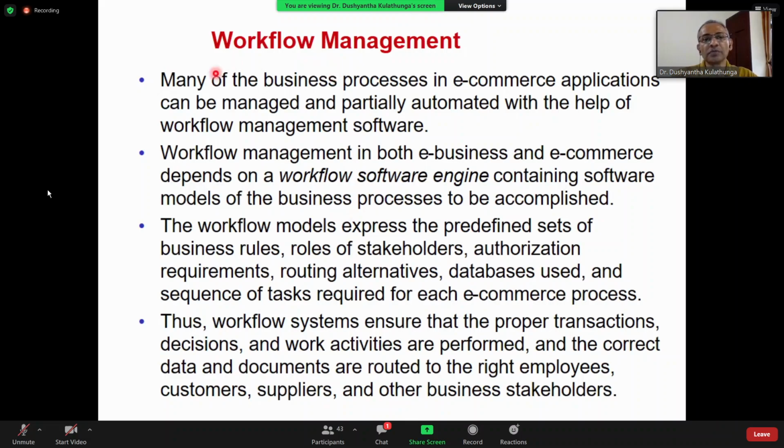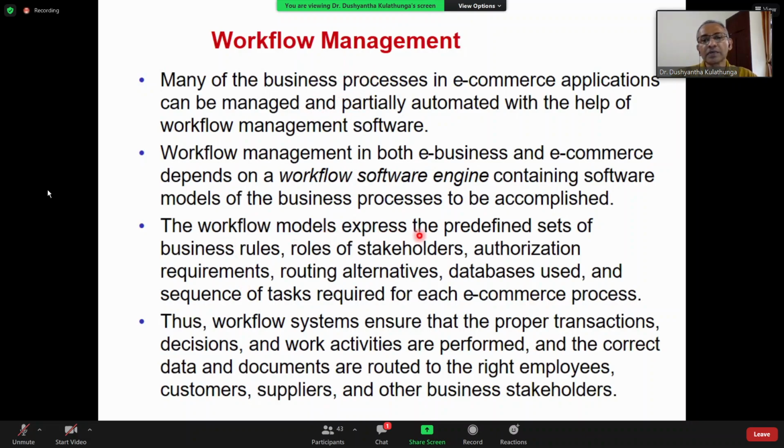So we mentioned that a workflow is basically a collection of tasks which are repeated by the organization very frequently. The models of such business processes are available in this software, which we can utilize in automating the business processes that we want.